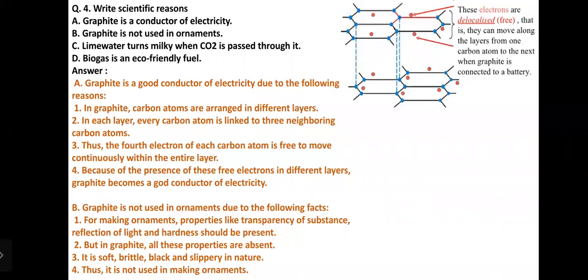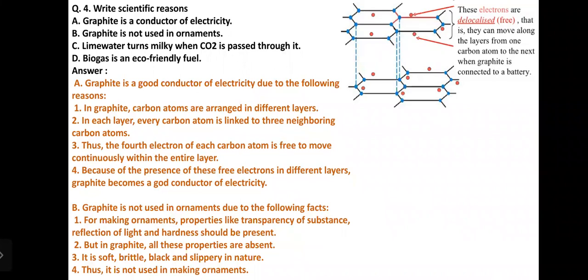You can see here a hexagonal structure of carbon atoms attached to each other, in which a central carbon atom is attached to three neighboring carbon atoms, and red spotted free electrons are available to move within the layer. So in graphite, the first reason is that atoms are arranged in layers.